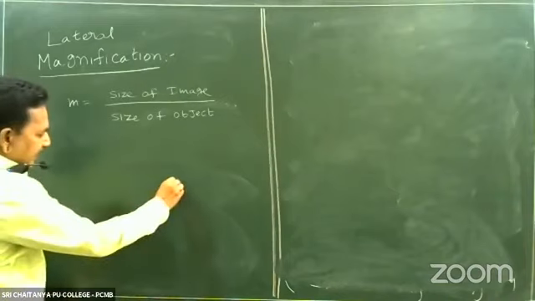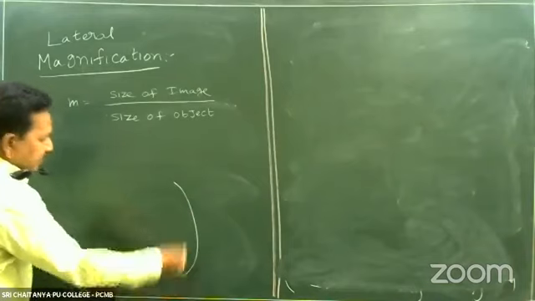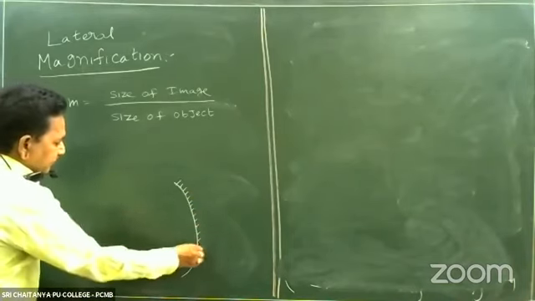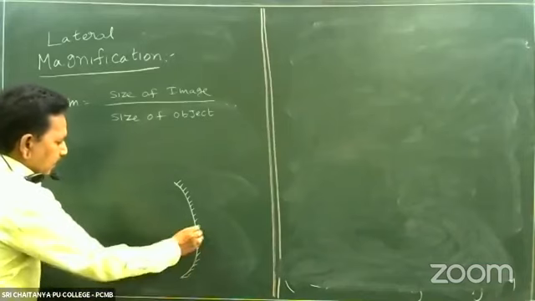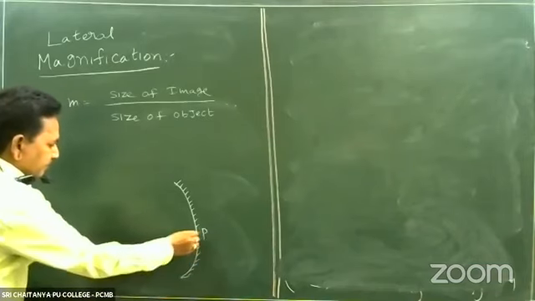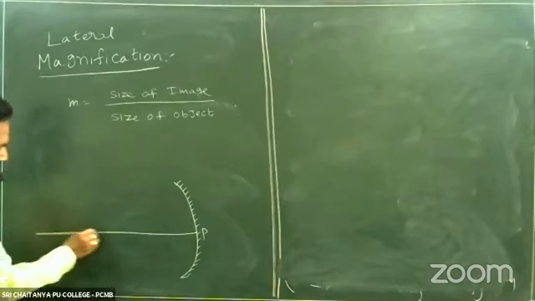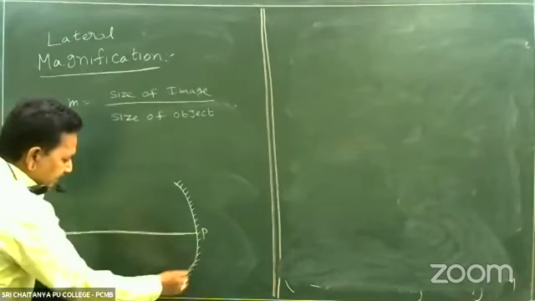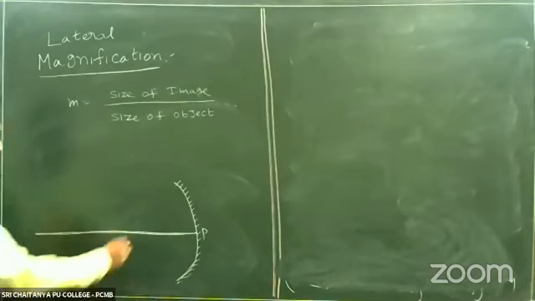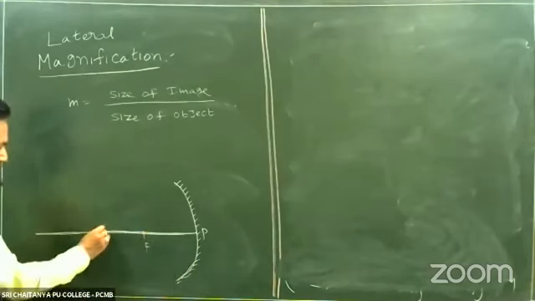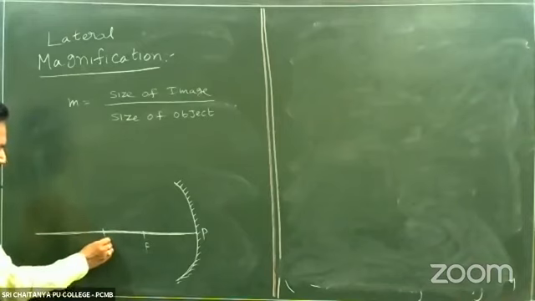So draw the ray diagram first. Concave mirror, pole of the mirror, principal axis, principal focus, center of curvature.